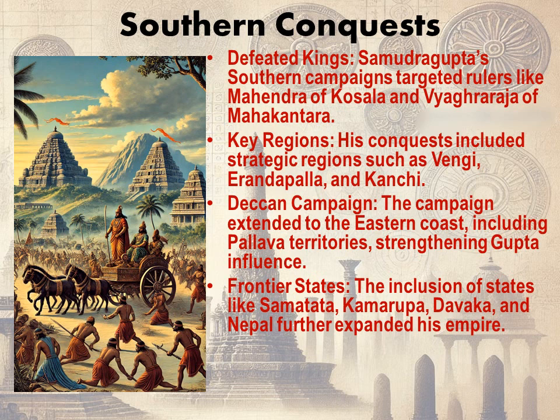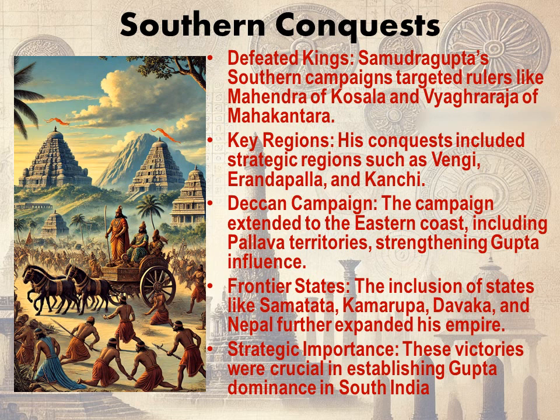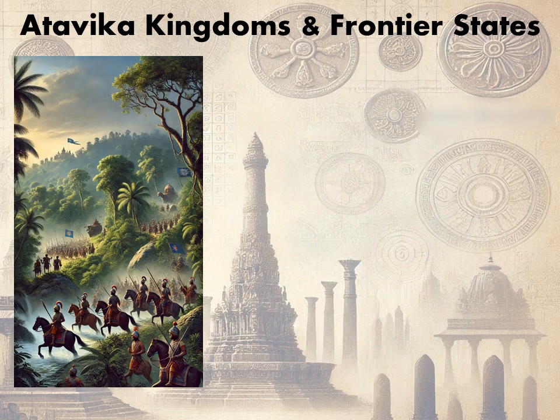So all these states like Samatat, Kamrup, Devaka, and Nepal were brought under the dominion of Samudragupta. These victories were crucial in establishing Gupta dominance in South India. So, all this together formed his empire, and his victories in South India were crucial for establishing the Gupta rule in the southern part of Indian subcontinent.